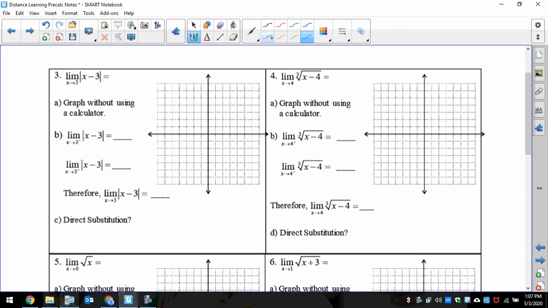So here, let's graph this one first. This is a shift to the right by 3. So let's go to the right, 1, 2, 3, and then just draw the standard absolute value graph. There we go.